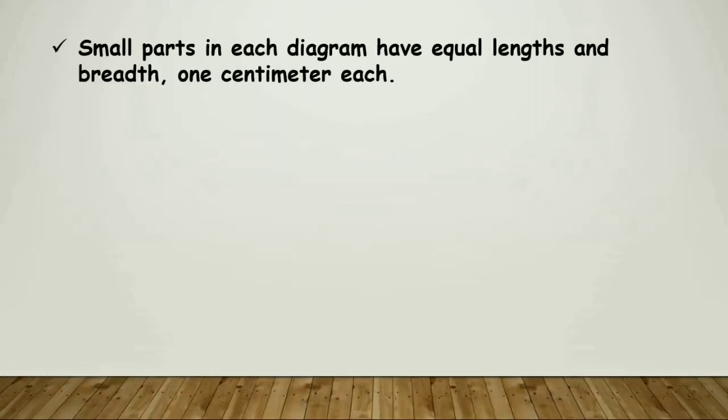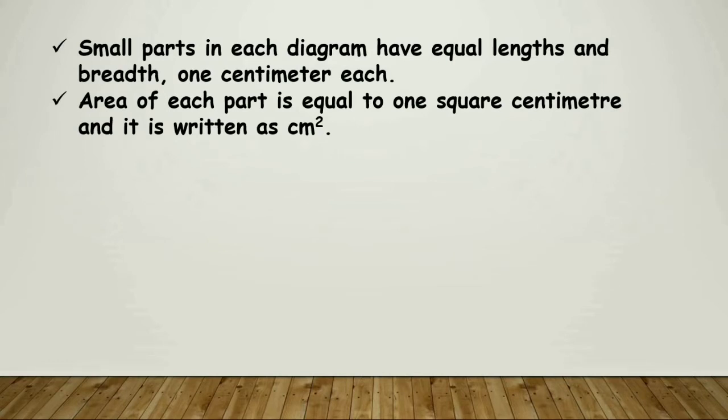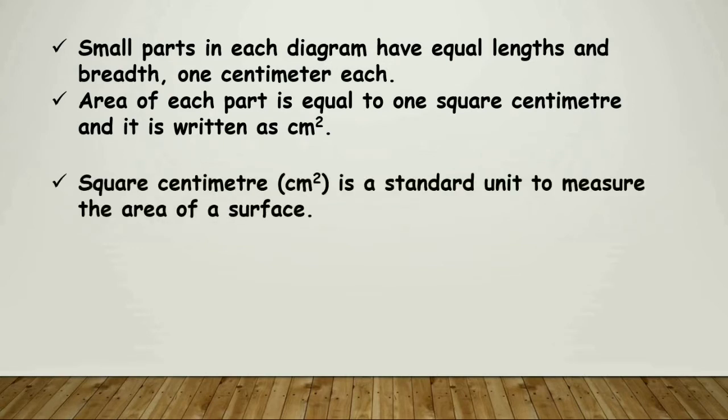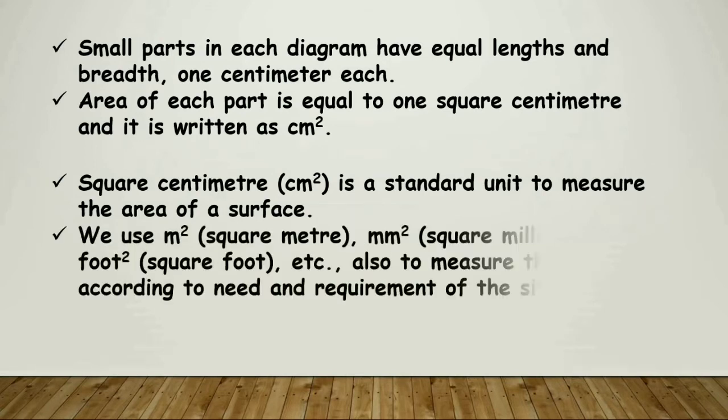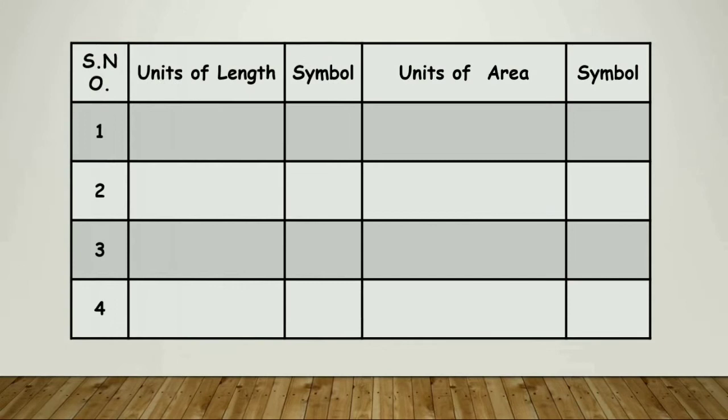Now, the small parts in each diagram have equal length and breadth, 1 centimeter each. The area of each part is equal to 1 square centimeter and it is written as cm^2 or cm square. So square centimeter is a standard unit to measure the area of a surface. We also use m square, square meter, mm square, square millimeter, foot square, square foot, etc., to measure areas according to the need and requirement of the situation.